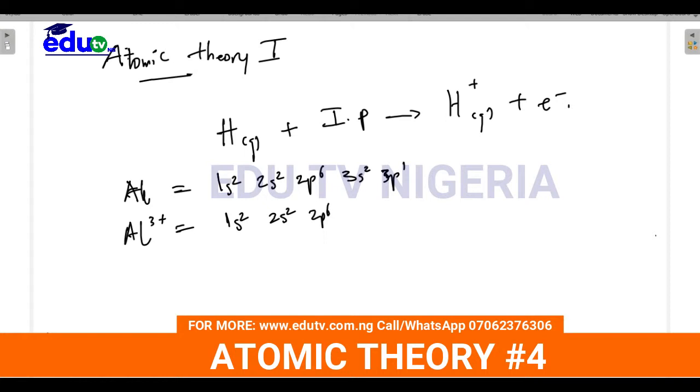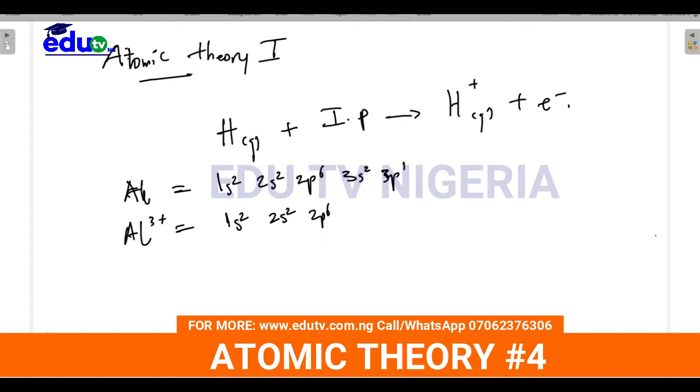So you know that the ionization energy here, like we said, is, in more explicit terms, the energy required to lose the most loosely held electron in the outermost orbital of a gaseous atom.